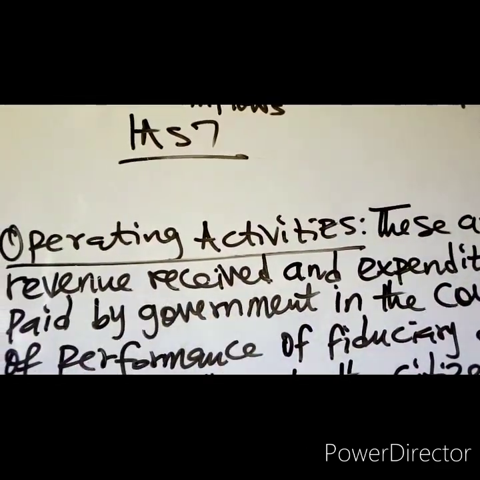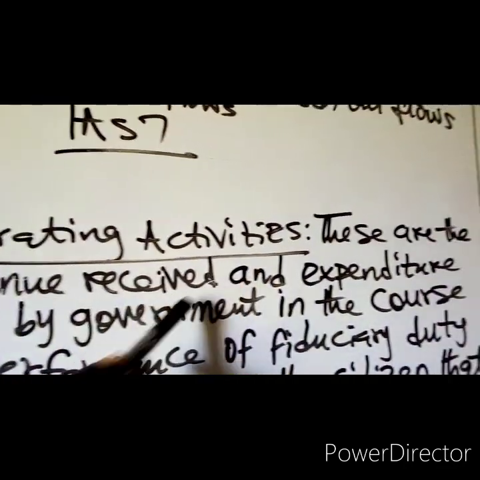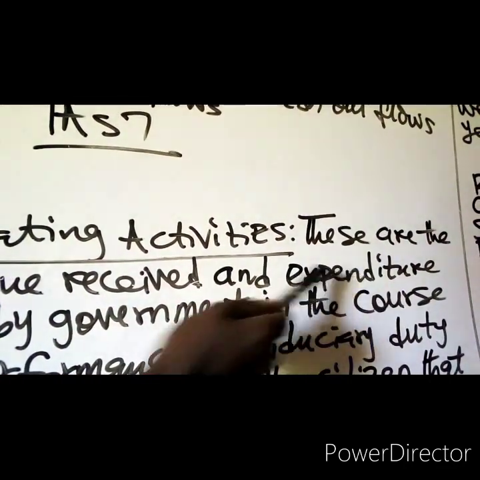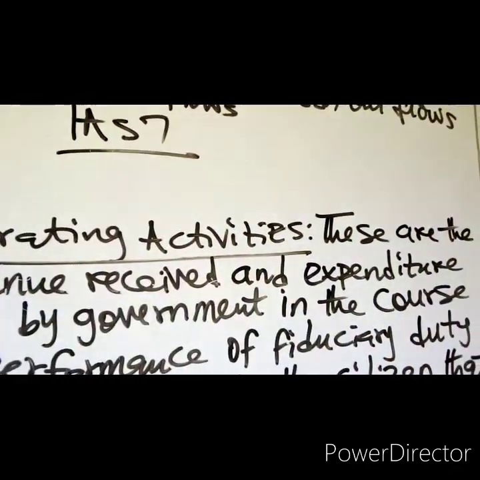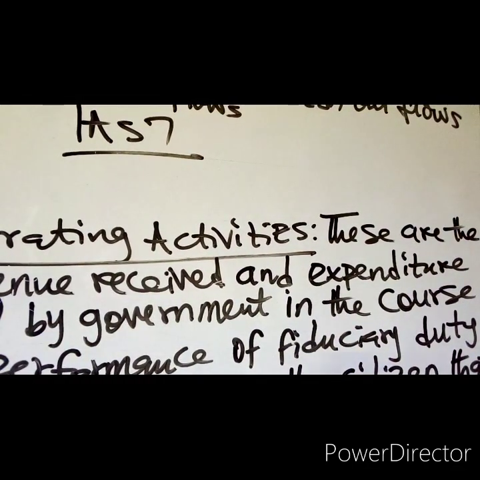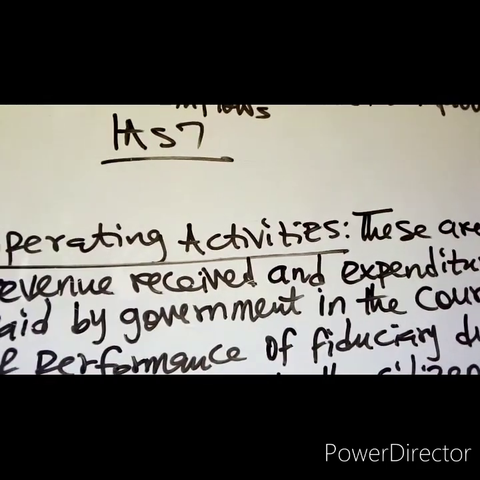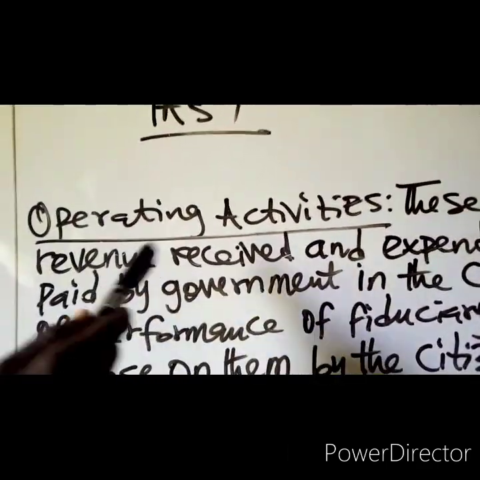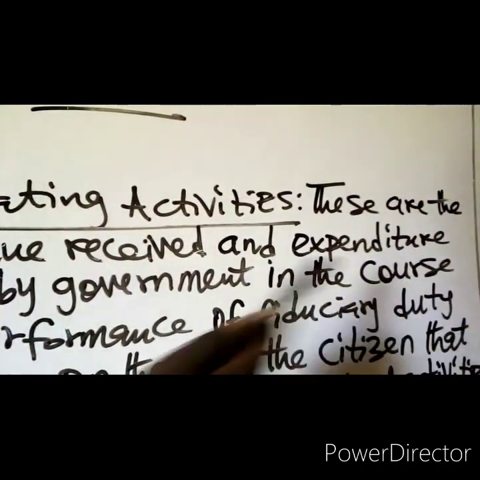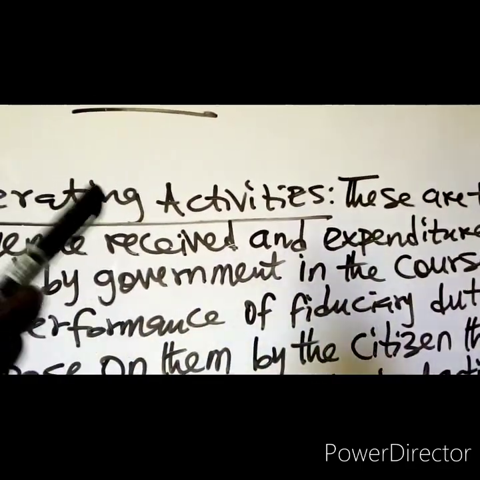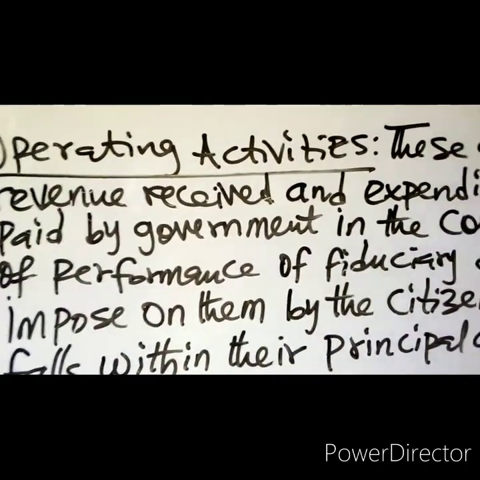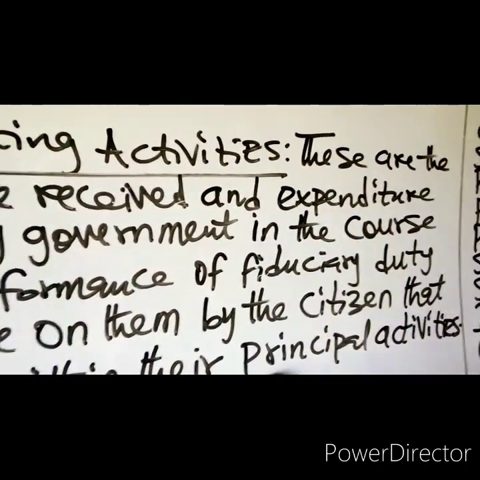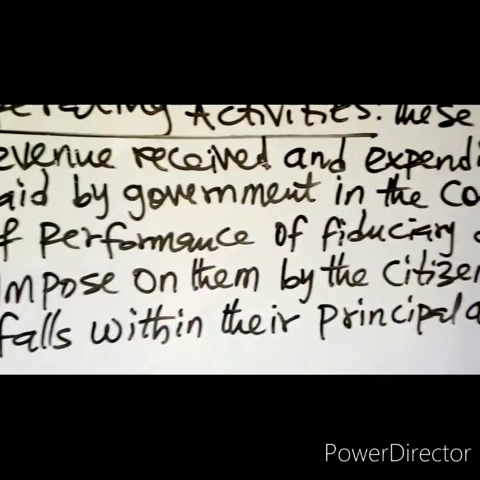Operating activities are the revenue received and expenditure paid by government in the course of performance of fiduciary duty imposed on them by the citizen that falls within their principal activities.